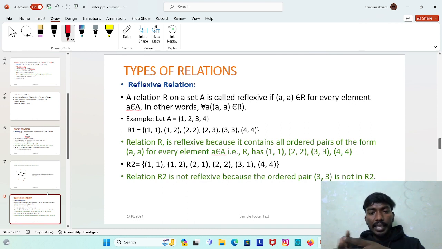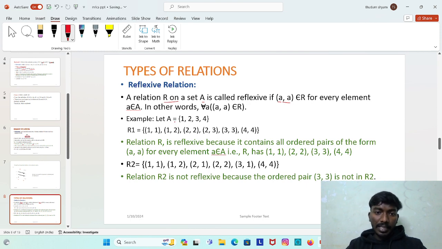A relation R on a set A is called reflexive if (a, a) belongs to R for every element a belonging to A. In other words, for all a, (a, a) belongs to R. R is a relation on set A, called reflexive when (a, a) belongs to R where a belongs to A.